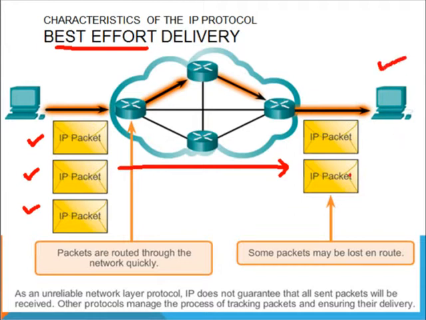But the problem is the IP protocol may end up having some packets lost on the way, and these packets are not guaranteed by the IP protocol. So the tracking and ensuring of delivery is handled by other protocols in different layers.